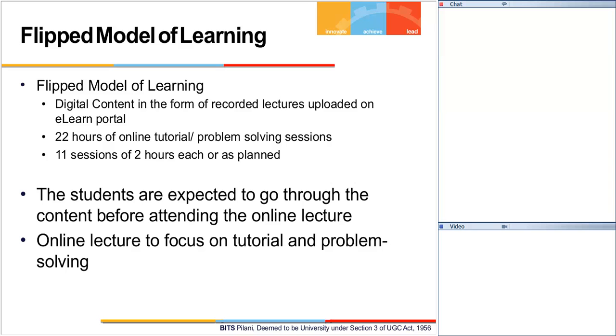Since we are in the first session, in this particular session, I'll be touching upon the unified process model. So I would say I would be teaching the model, but from the subsequent sessions, it will be only problem solving. I will tell you at the end of every session what digital content or recorded lectures you need to go through before attending the next session.